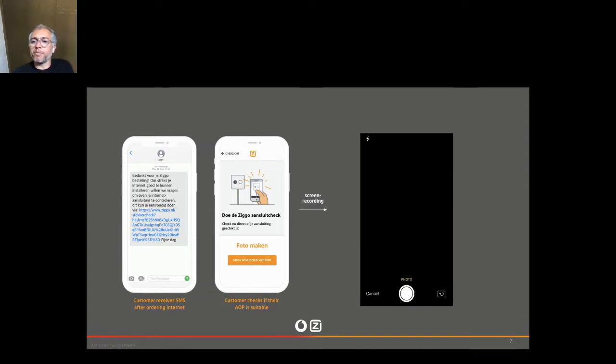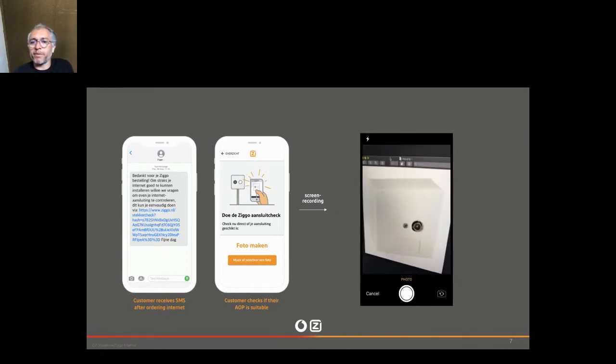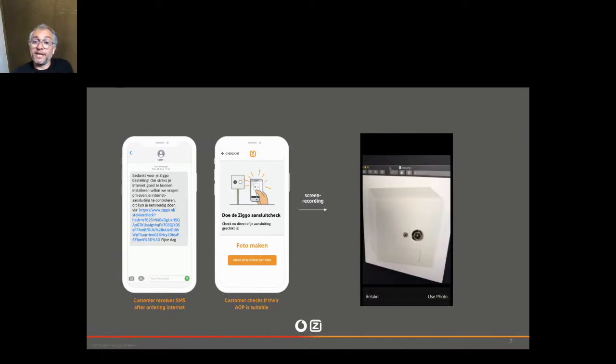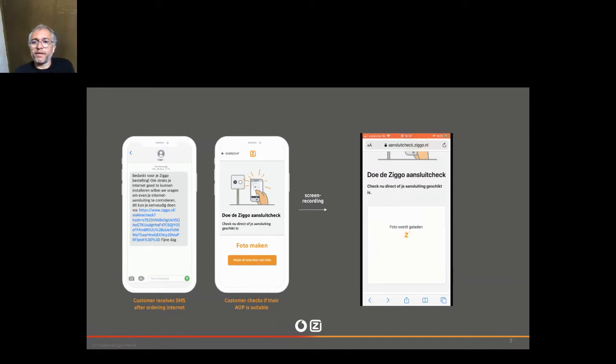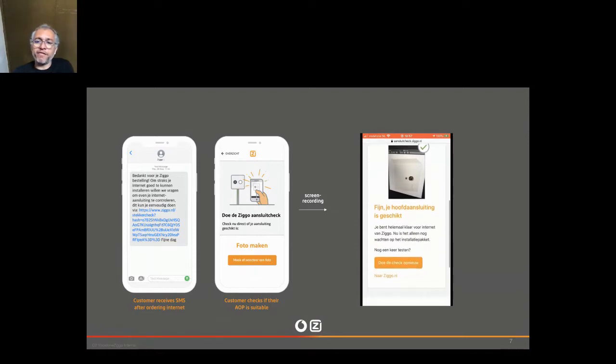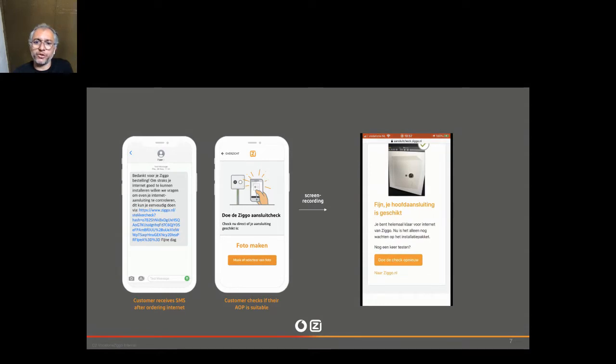Now we're going to make another picture, but this time we take a picture of a socket that is compliant with the product, and then we see on the spot that all is good, everything is fine. So you can just move on. There's nothing else to do. It's just a matter of doing the installation yourself. In this case, the customer can just do the installation.